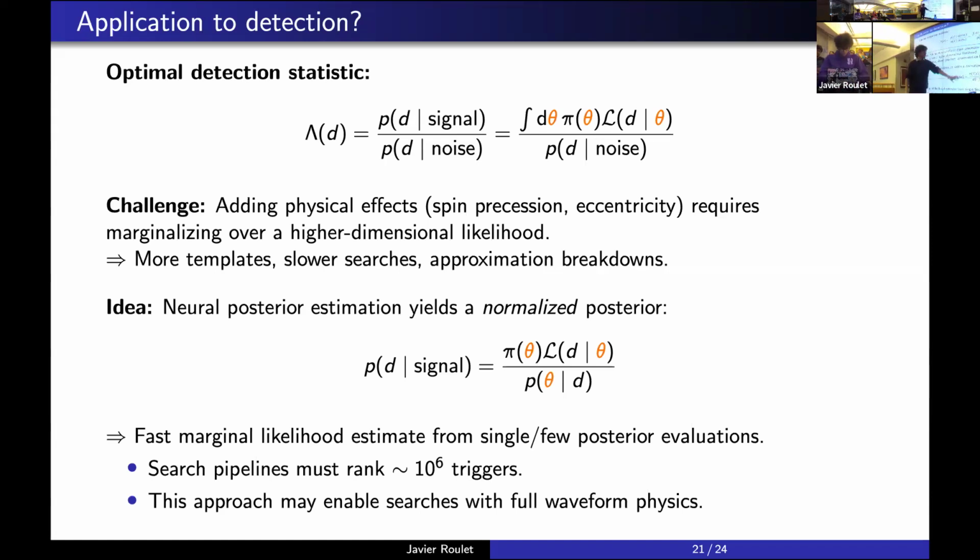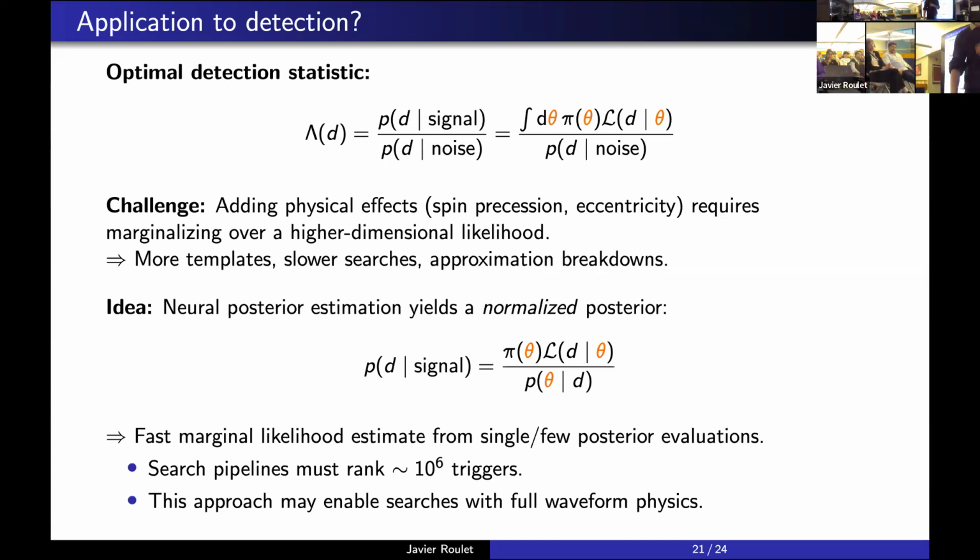And this should give you the thing that you are interested in for computing the optimal detection statistic. In principle, even a single evaluation of the posterior should be correct if the model is perfect. In practice, probably it's not, so you might want to do a few, but it's a straightforward way, possibly, to evaluate the main roadblock towards including new effects in the signal.